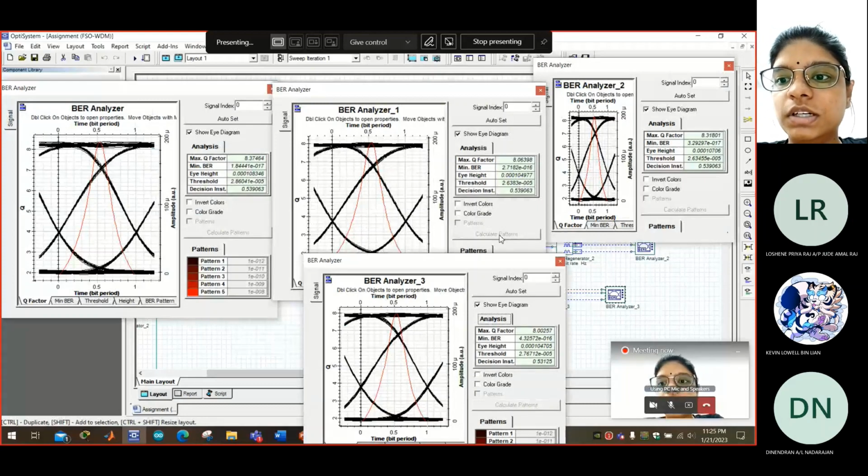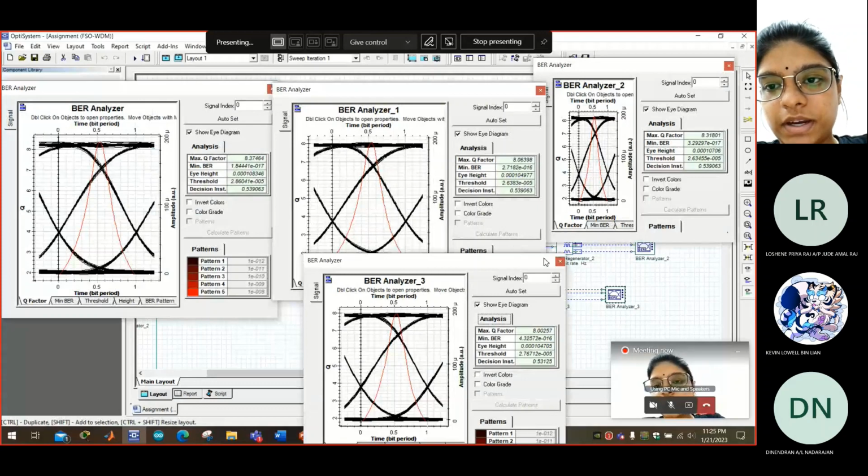Compared to the output explained just now for 0.3, we can see that the Q factor has already fallen. When the BER value increases, the Q factor falls. That's all from me. Then 0.5 will be explained by the next presenter.